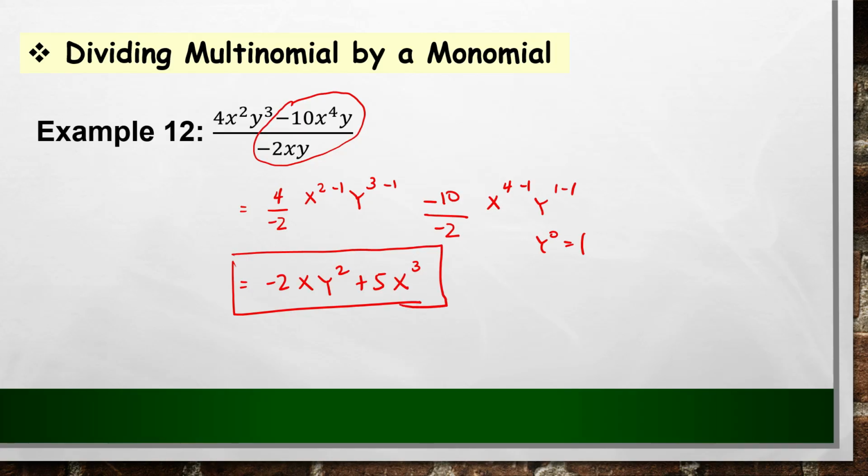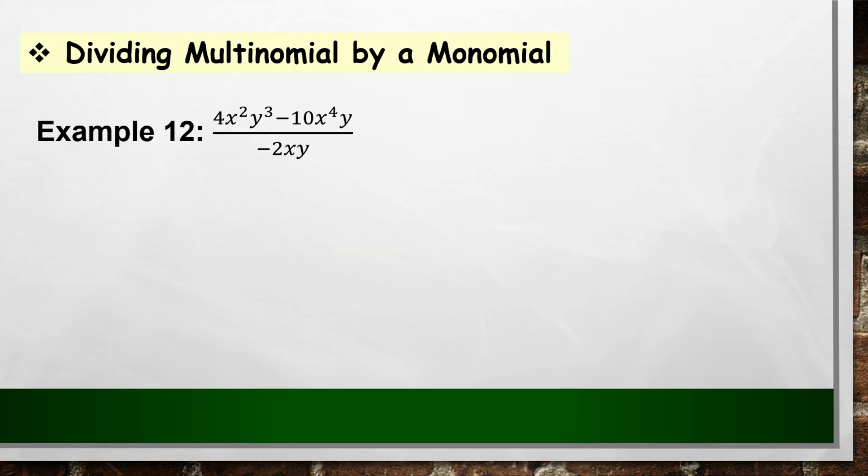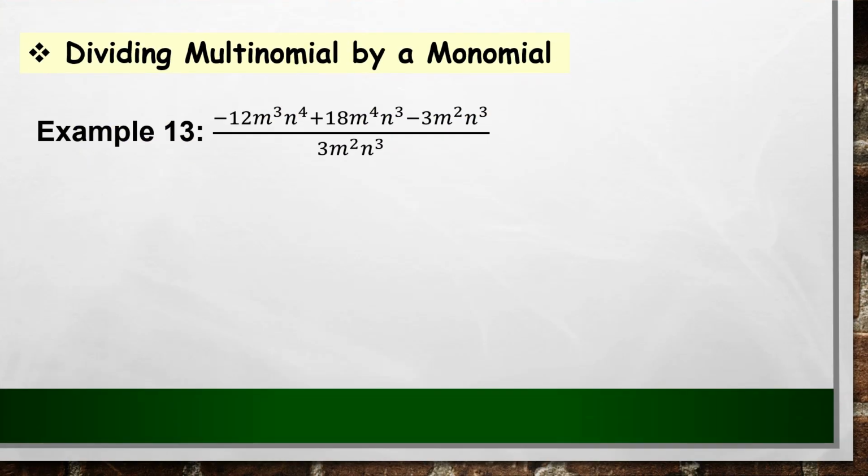All right, let's go to the second to the last example. First, let's divide this. That'd be negative 12 over 3, so m raised to 3 minus 2, and then n raised to 4 minus 3, plus 18 over 3.